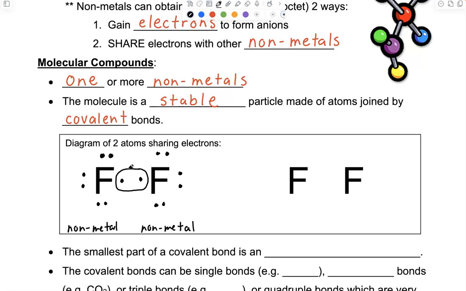So instead of writing this right here, how we represent that is simply with a straight line connecting the two, and then we can fill in the valence electrons around it.